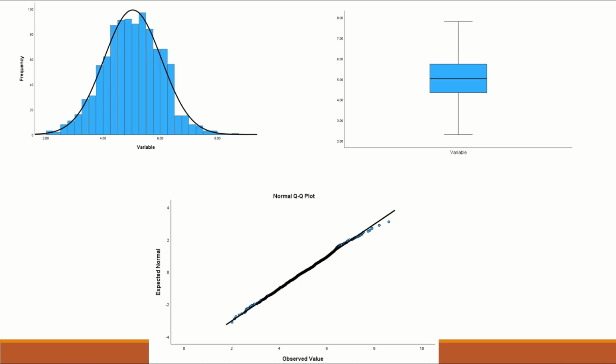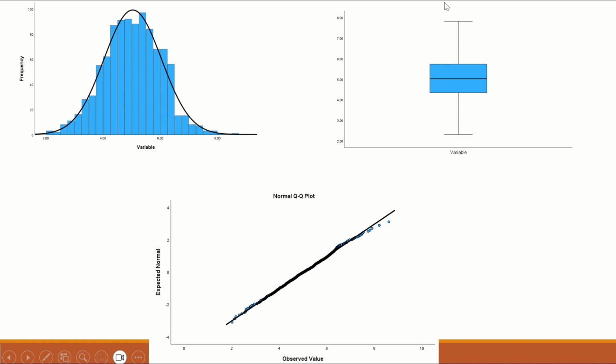These are the visual presentations for checking the normality of the data: histogram, box plot, and QQ plot. For normality, when drawing a histogram, the graph has to be normally distributed with a bell-shaped curve.